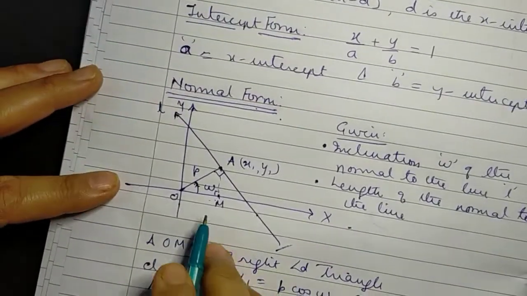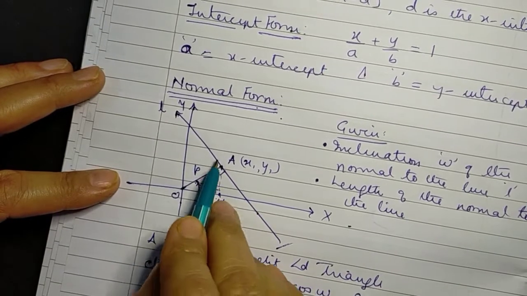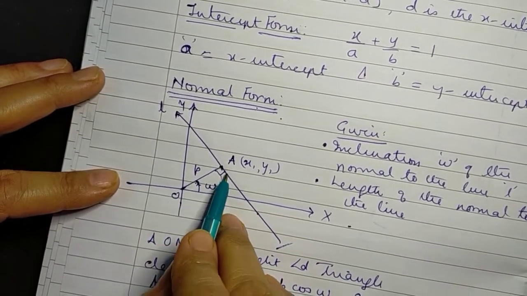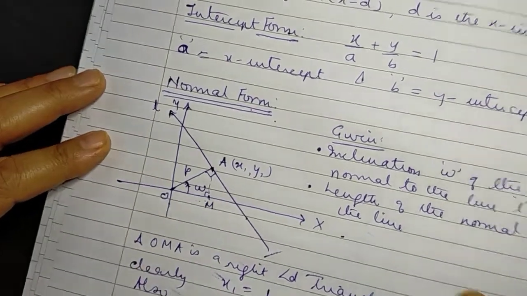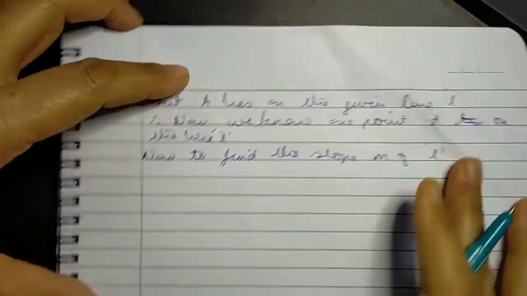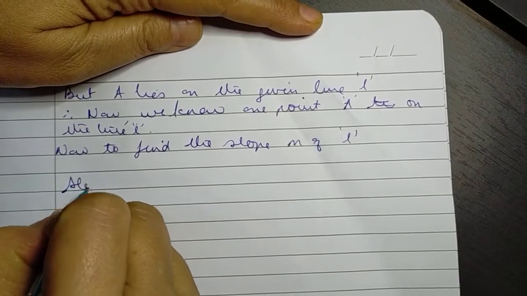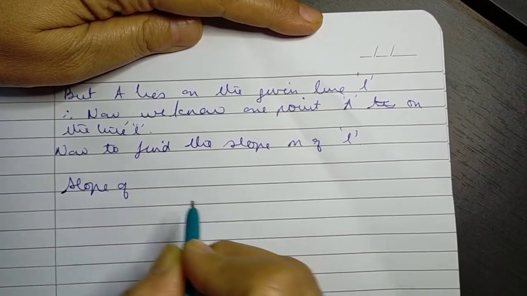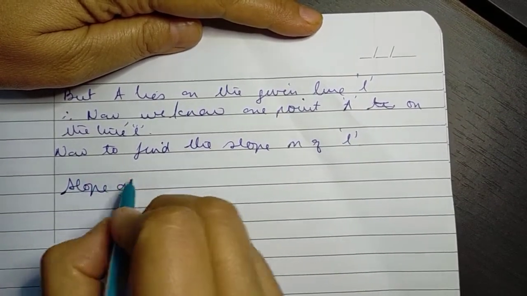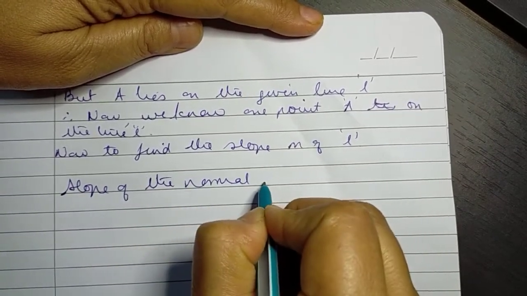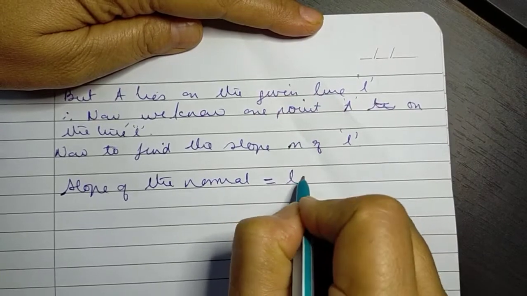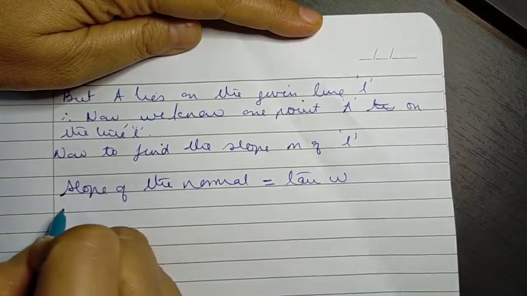Now clearly the line L is perpendicular to the normal, that is OA, and we can use the concept of perpendicular lines. Now we are given the slope of the normal is equal to tan omega.